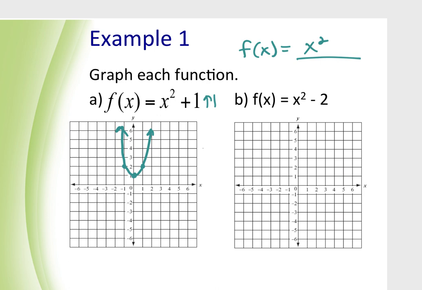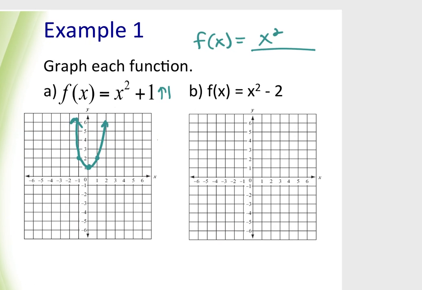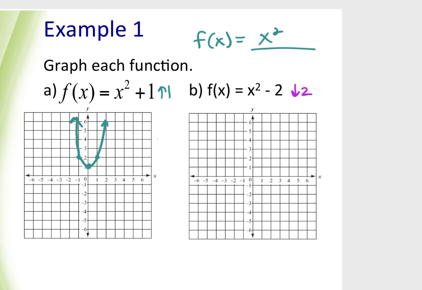How about B? What's happening there? Down 2. So I go down 2, up 1 and out 1, and I draw my parabola. Questions on that one?